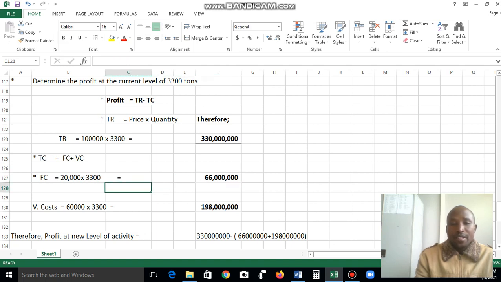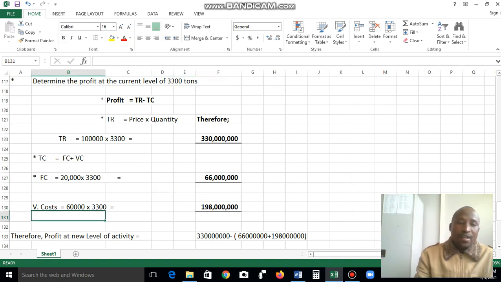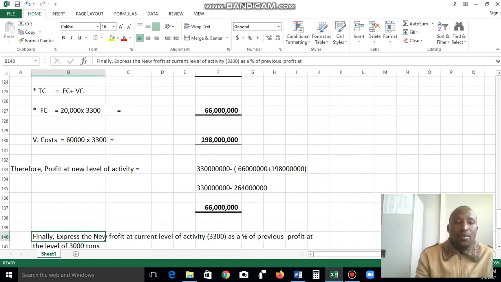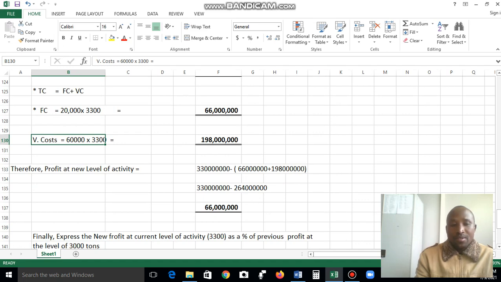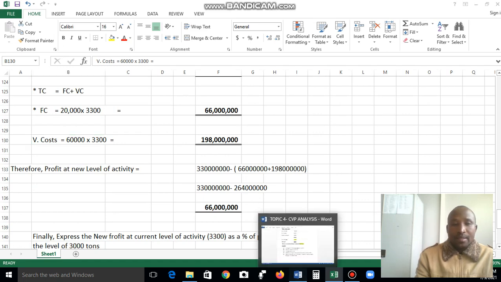Now we have the total revenues and want to determine the total costs. To get total costs, you must have fixed costs and add them to variable costs. There is 66 million, which is the figure for fixed costs. Then for the variable costs, we know that variable costs were 60,000.